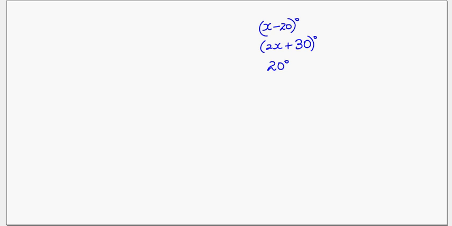So if we know that the sum of the internal angles of a triangle is equal to 180 degrees, then we could use this to our advantage.